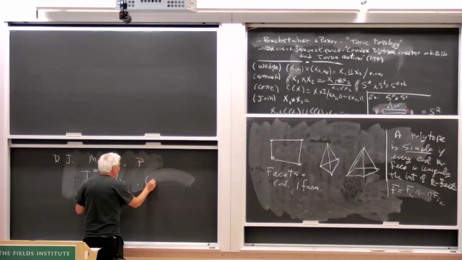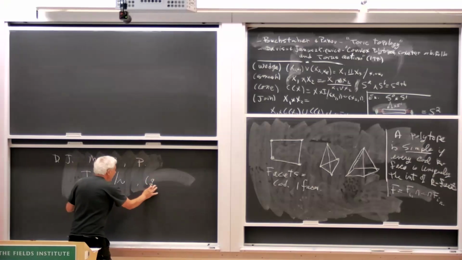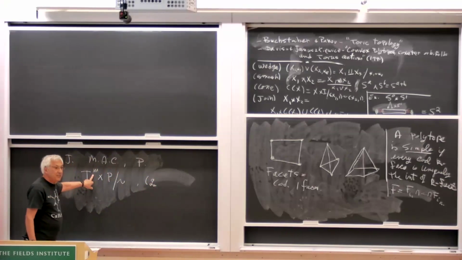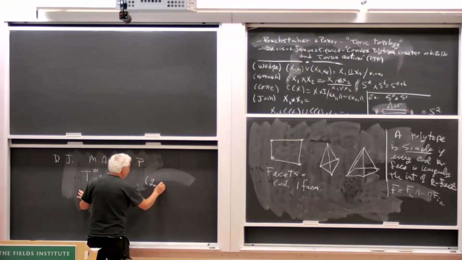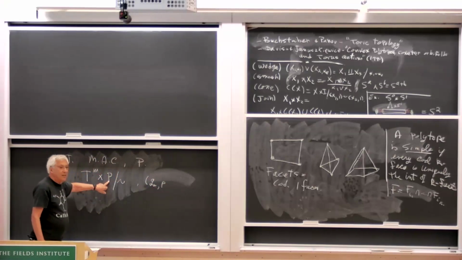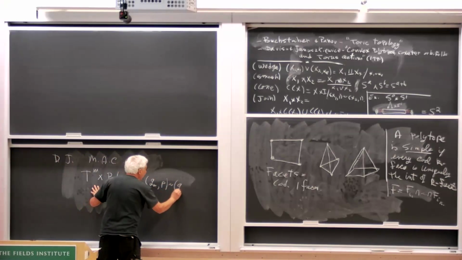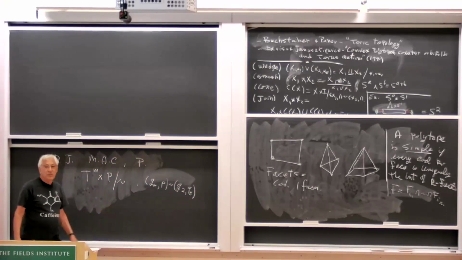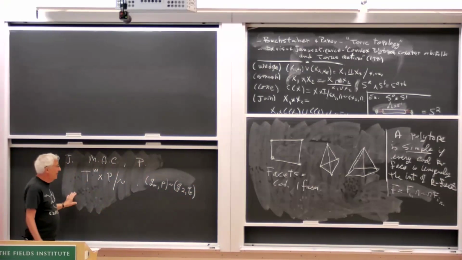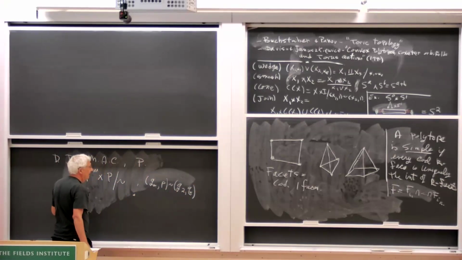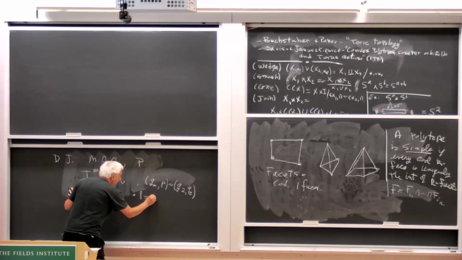So I have to tell you when (g1, p1), an element in the torus and a point in the polytope, is equivalent to (g2, p2). The first condition, we can't even start otherwise: the two points in the polytope have to be the same.